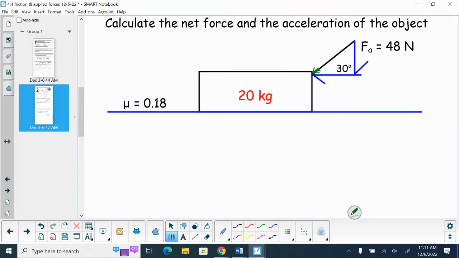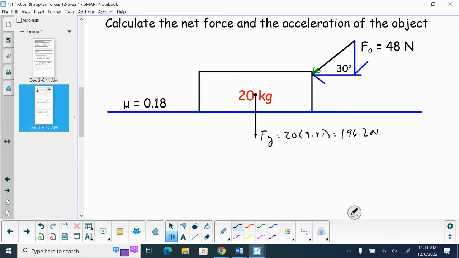We still have our force of gravity, which is 20 times our 9.81, which is 196.2 newtons, our force of gravity downwards.